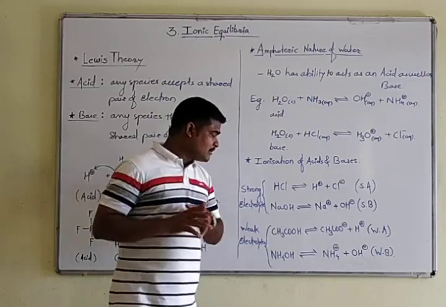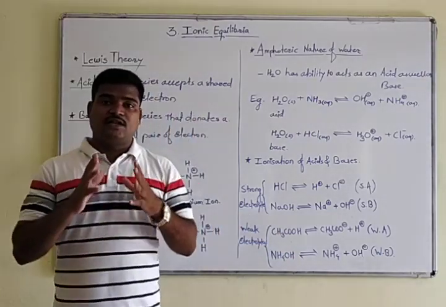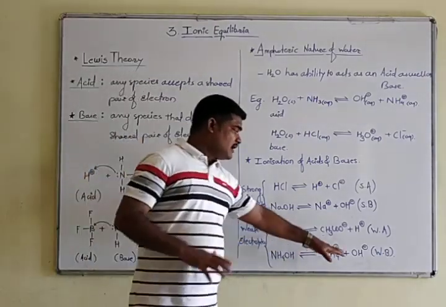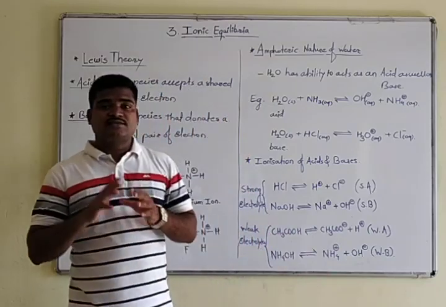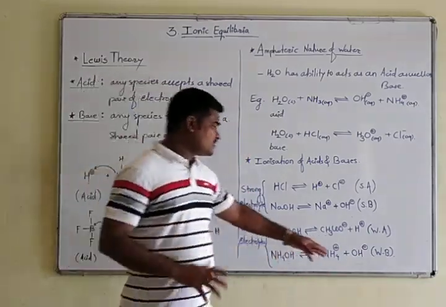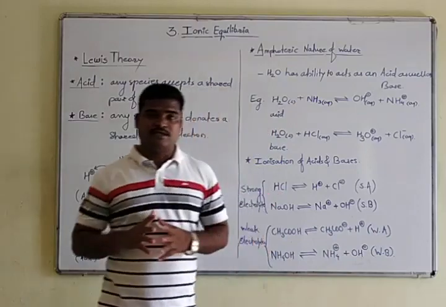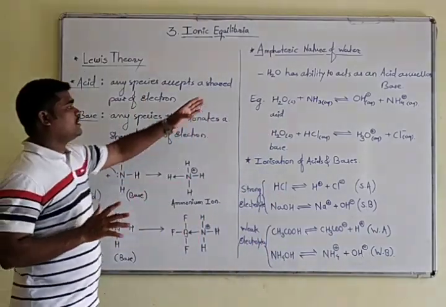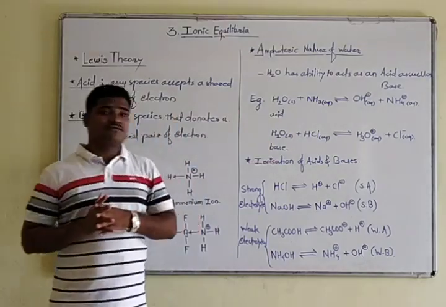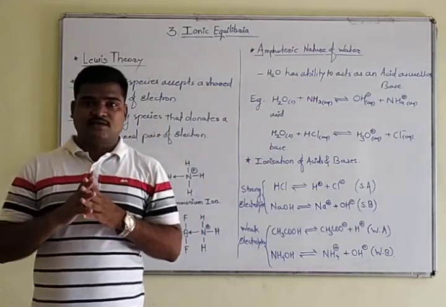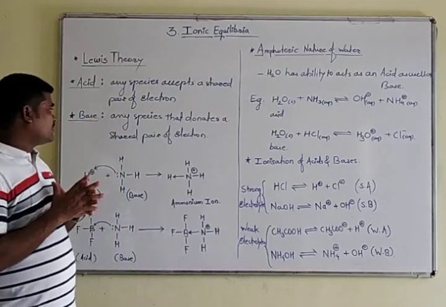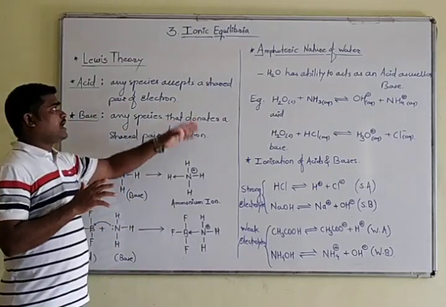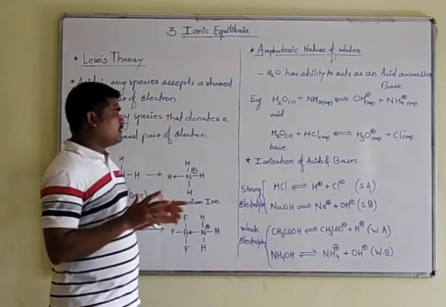And for ammonium hydroxide, a weak base, NH4 plus and OH minus ions are formed, and we have mentioned its nature, that is weak base. So this is about the amphoteric nature of water and ionization of acids and bases, in ionic equilibria.